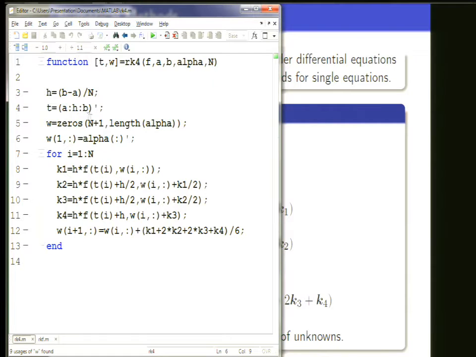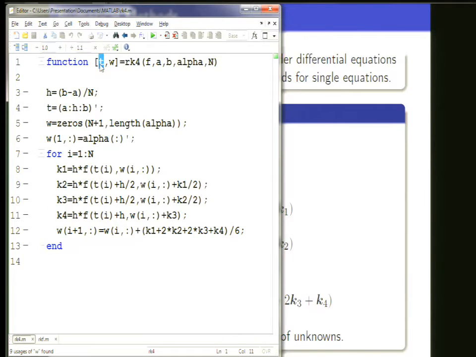So if you look at, let me show you the details of this, particularly this W here. What do you expect the shape of this W to be? If you have a system of 4 equations, for example, I mean, you want to output all of them. So T is easy. T is really just a vector with times. And in fact, I compute it immediately, and it's done, right? That's not the hard part of this function. But it should be done. So that's the first output.